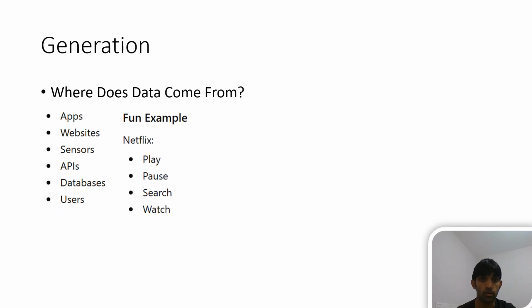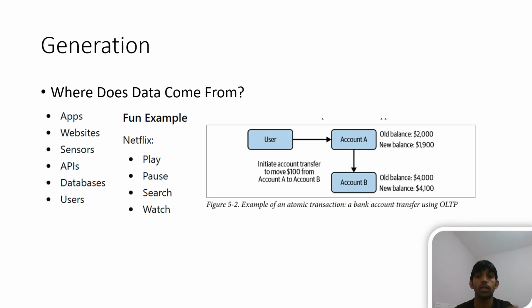Now let's think about a fun example: Netflix has play, pause, search, and watch. That is a source of data. Every click on Netflix, every Uber booking, every Amazon purchase captures data. Data engineers need to understand the source systems because poor data quality at the source creates problems throughout the entire life cycle.